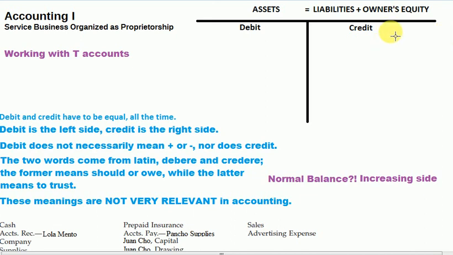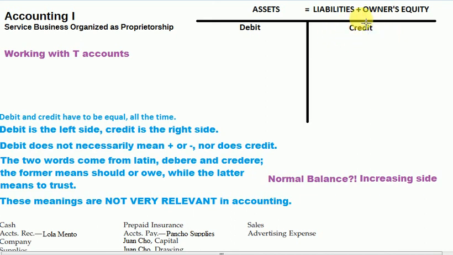So owner's equity, we need some accounts to represent it. The account that summarizes the owner's equity is the capital account. The capital account summarizes owner's equity. And it is located on the right side, on the credit side.